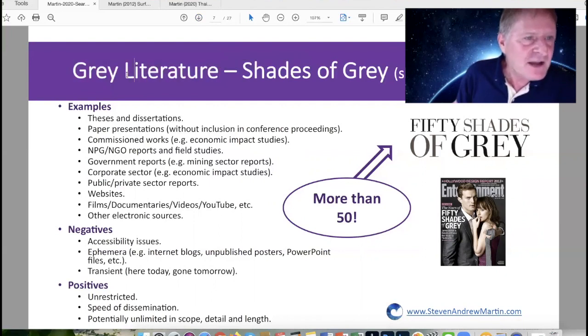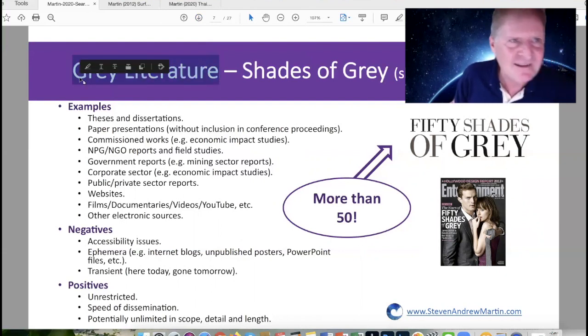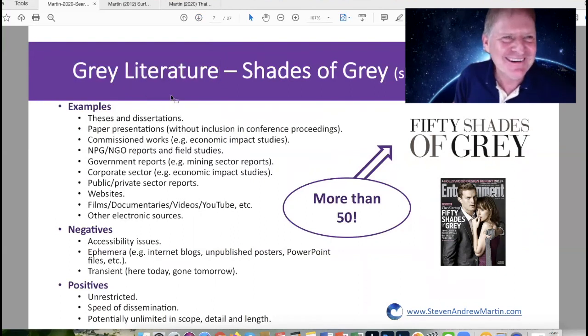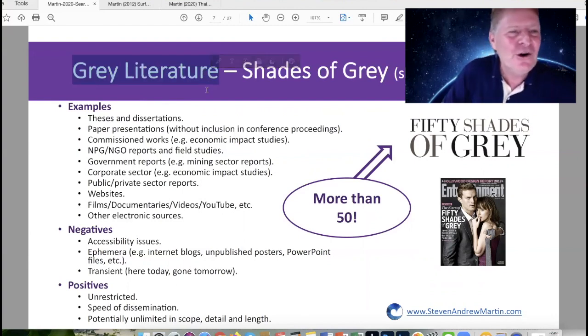You might decide no. You might say in your methods, this paper will not discuss gray literature. Or you could say this paper is including it, or this research is based on gray literature. Something like that, right? So it's our choice.